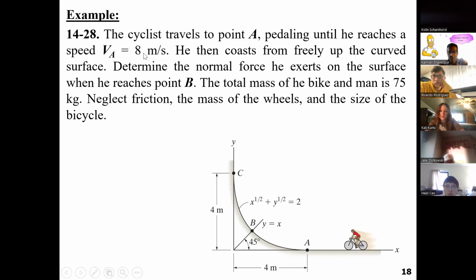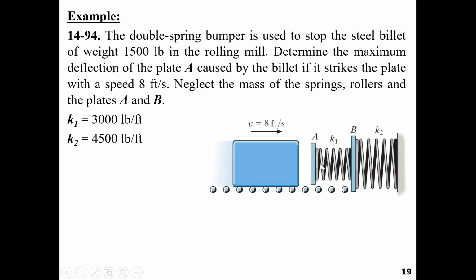And the good thing is, remember, the work energy creates one single equation, unlike normal and tangential and X, Y, Z, where you have multiple equations. You may need more equations from kinematics or other stuff, but the work energy itself creates one scalar equation, so it's usually easier to solve.